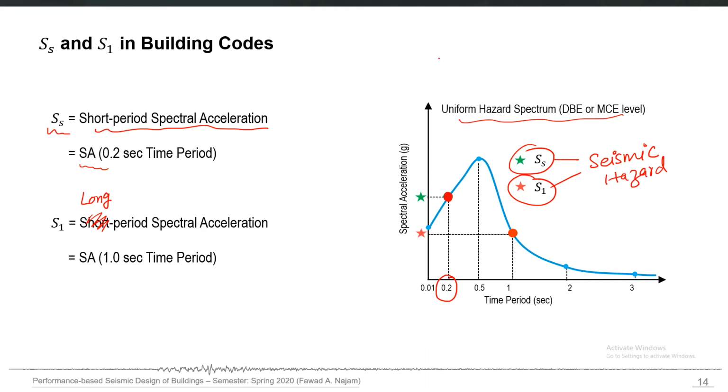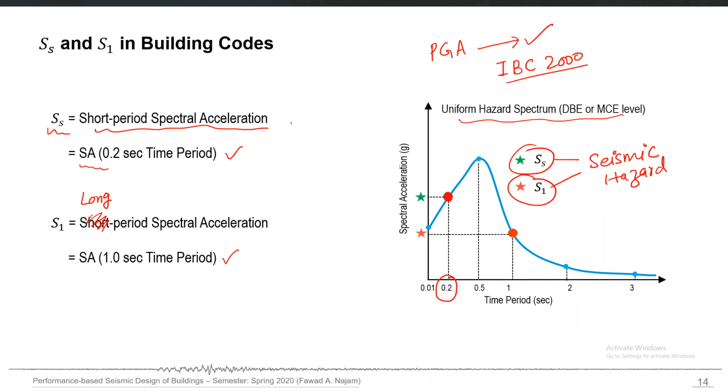So previously we were having the peak ground acceleration as our primary hazard parameter, but now in the new analysis procedures, for example starting from IBC 2000 onwards, different building codes just use the SS and S1, or in fact the spectral acceleration values at these two time periods, as the standard representation of the seismic hazard at a particular site.